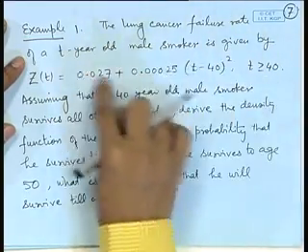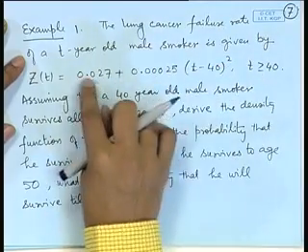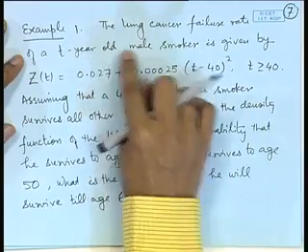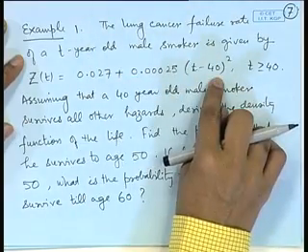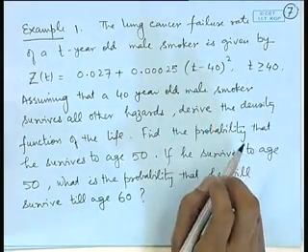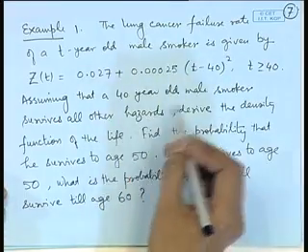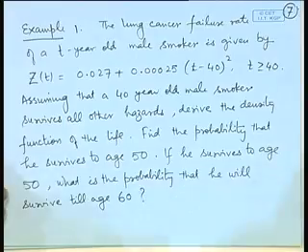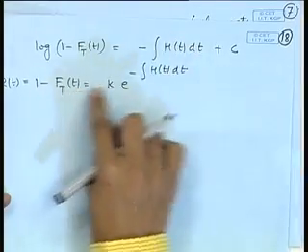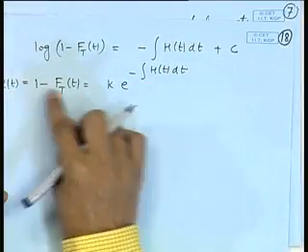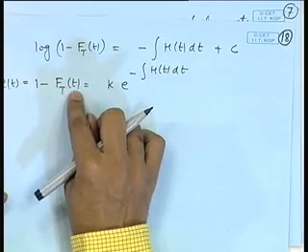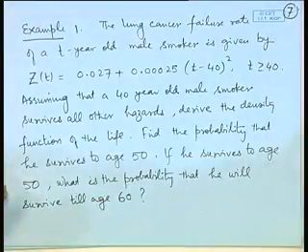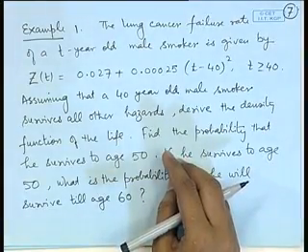So, from here you can make out that the distribution of the life of the T-year-old male smoker is given by a Weibull distribution. So, we can make use of the relationship between the reliability function and the hazard rate function to calculate the reliability function, hence the cumulative distribution function, and hence the probability density function of the life.